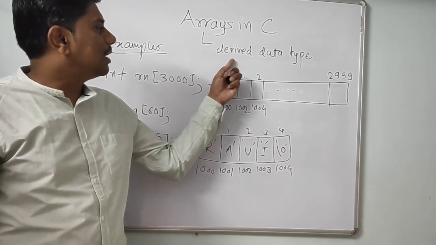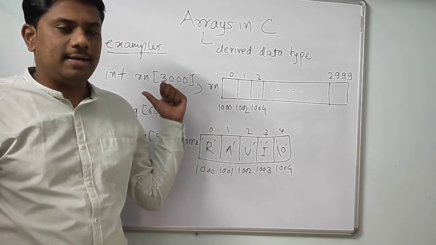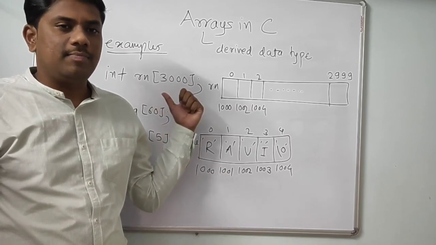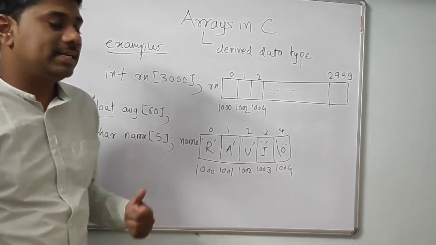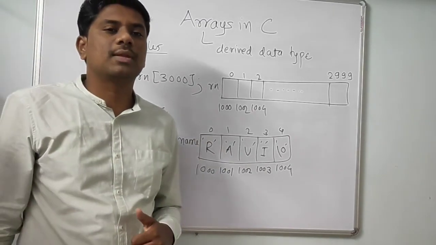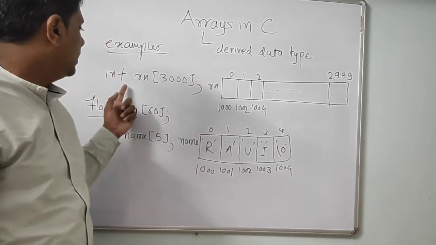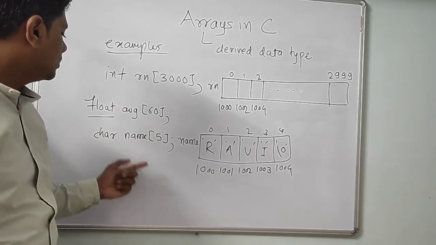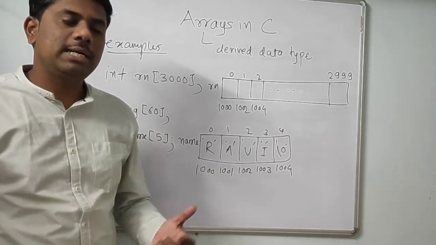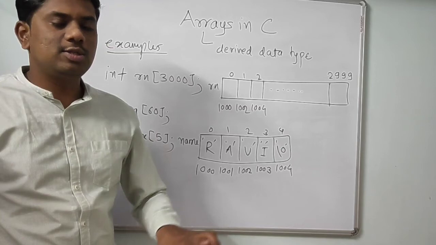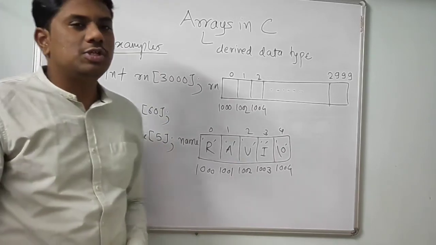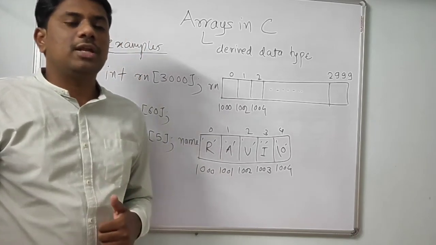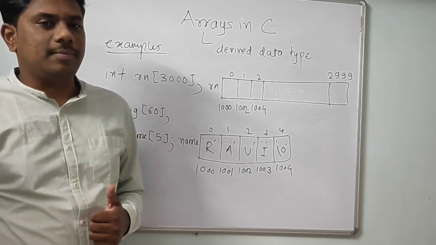So an array can be derived from primitive data types, that is int, float, char, double. An int array is possible, a float array is possible, a character array is possible, a double array is possible. A void array is not possible; there is no concept of a void array. So an array is also called a derived or secondary data type.